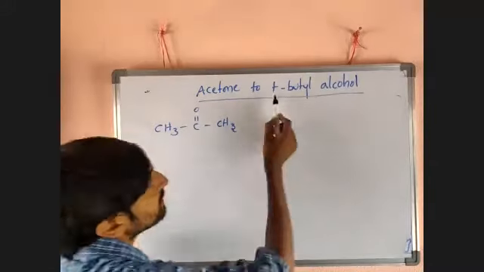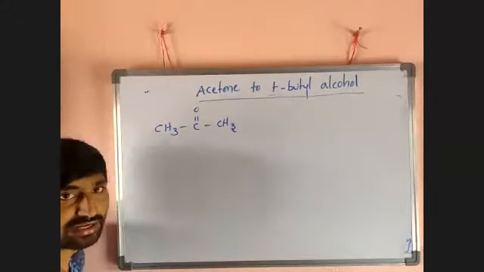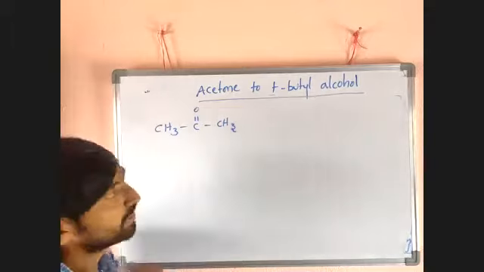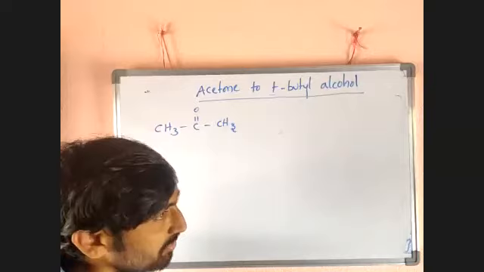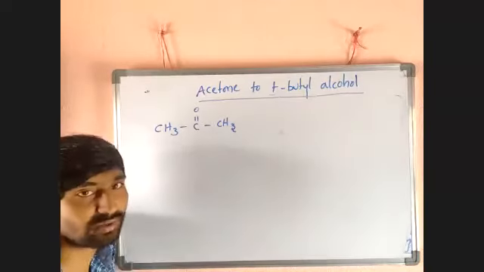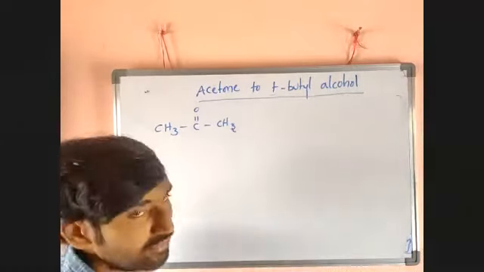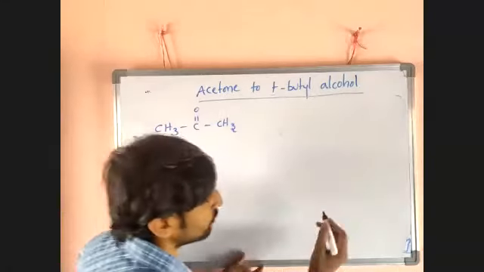Now, what is T-butyl? Tertiary butyl alcohol. Tertiary means a carbon linked with other 3 carbon atoms. So how to take it?